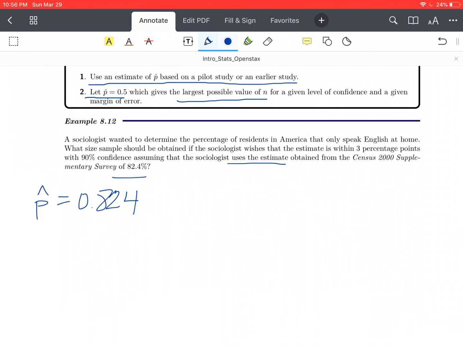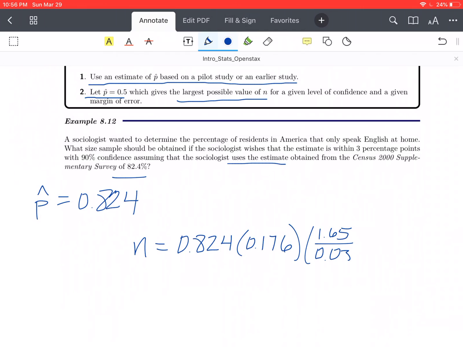So then our n value is going to be p-hat times 1 minus p-hat, so that's 0.176, times the z-score, which we've found before, it's 1.65, over the margin of error, which we want to be 3 percentage points, so that's 0.03, squared.